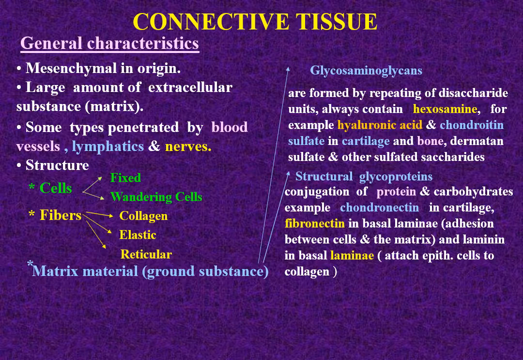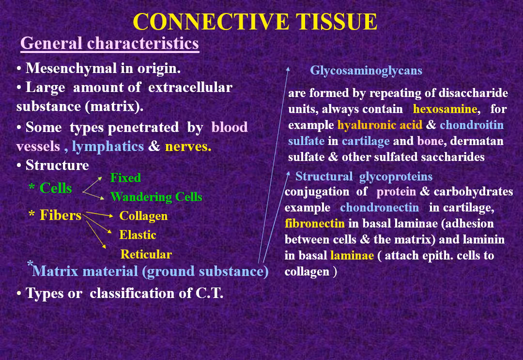For example, chondronectin in cartilage mediates adhesion between cells, chondrocytes, and collagen fibers of the matrix. Fibronectin in basal lamina mediates adhesion between cells and between the cells and substrates in the matrix. Laminin in the basal lamina attaches the epithelial cells to collagen fibers of the underlying connective tissue.